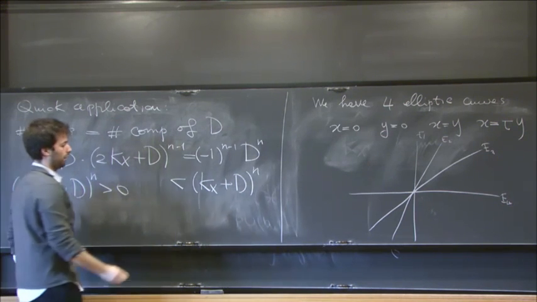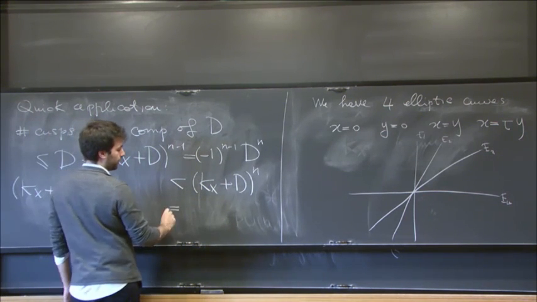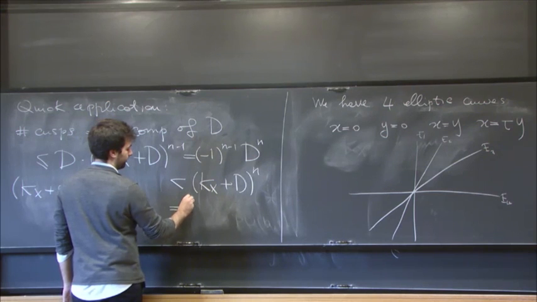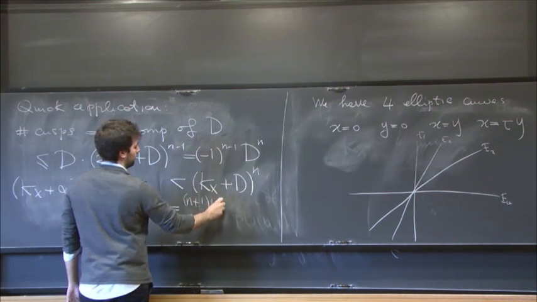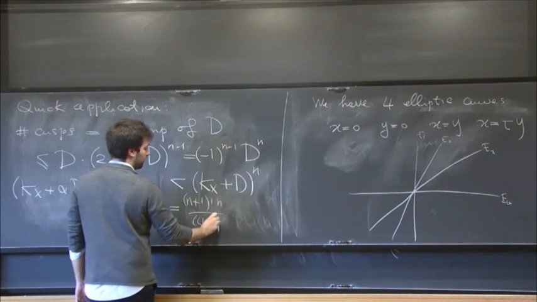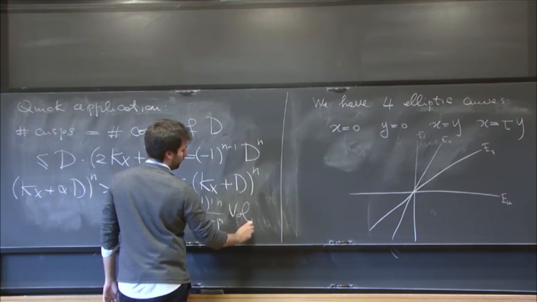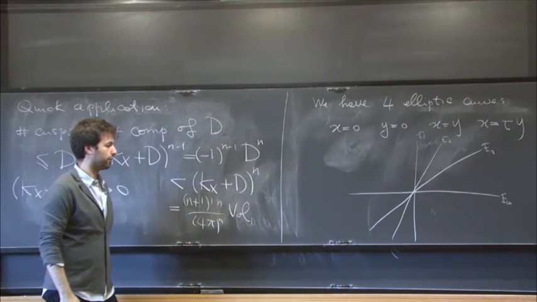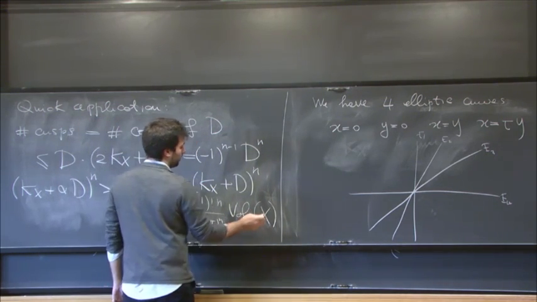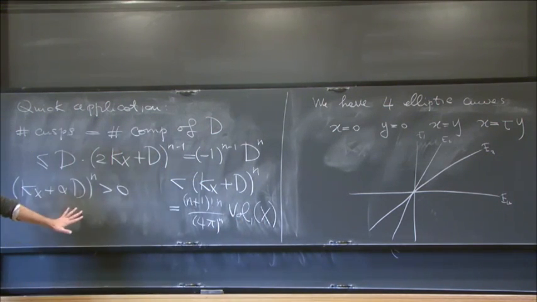Which, as Janusz was saying before, is some constant that depends on n, times the volume computed with the induced metric of X. And so we actually get better bounds than Parker's result, than the classic result in topology, in differential geometry. Okay, and then this application is really easy.